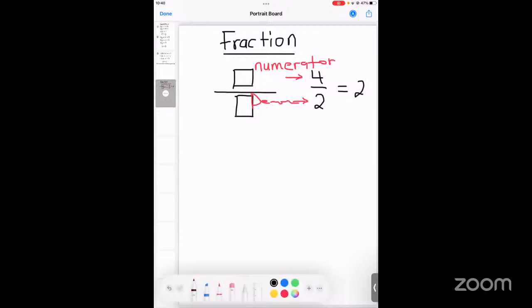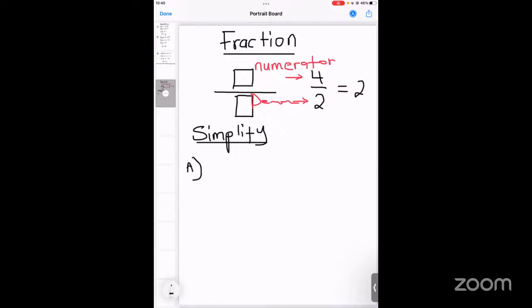So in today's lesson, I want to show you how you simplify a fraction. That means what we are going to be doing in today's lesson is to simplify. So now let's see. I will start by giving you a few examples and then we will check if these examples are correct. Let's say example A: 1 over 2 plus 1 over 3.